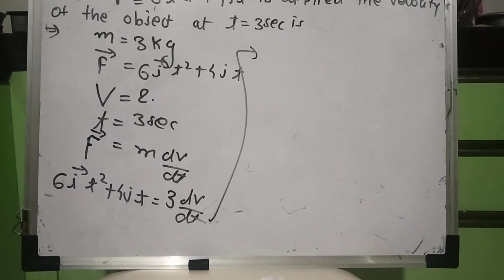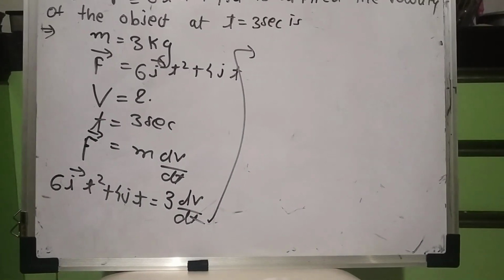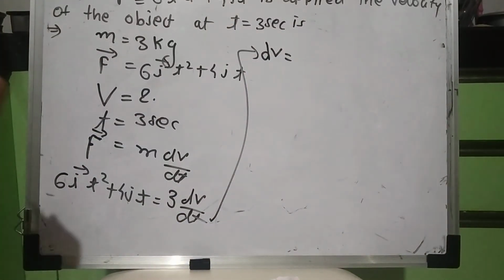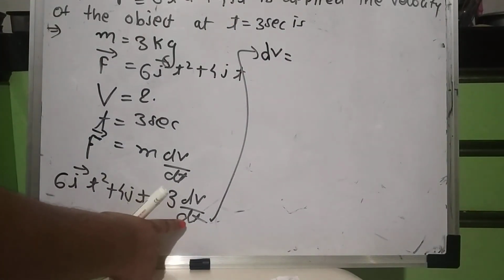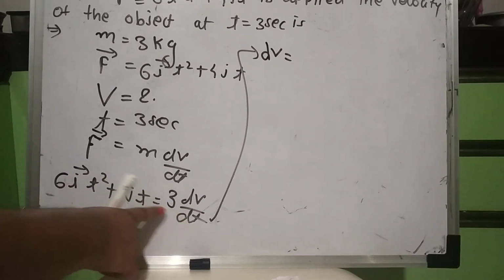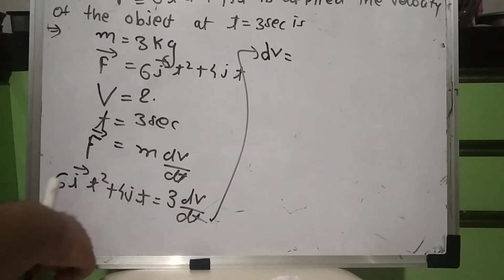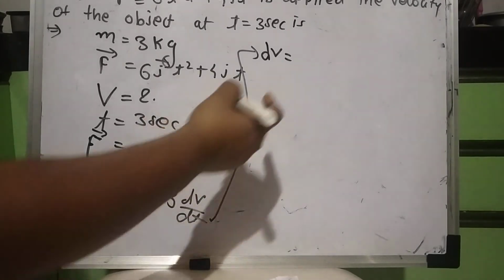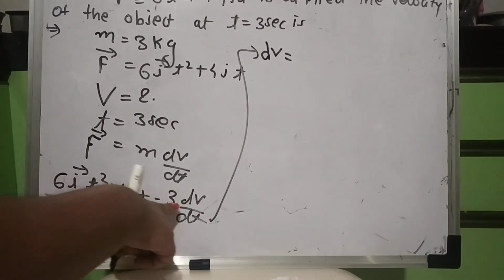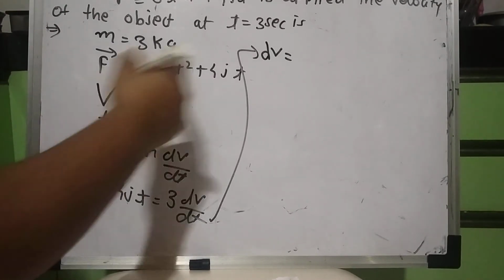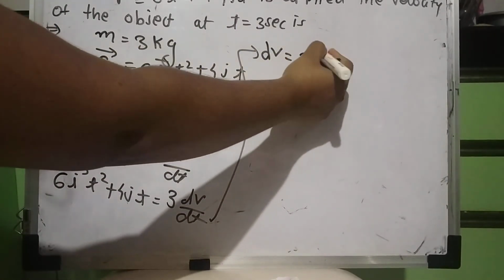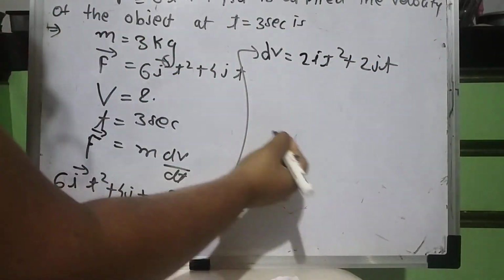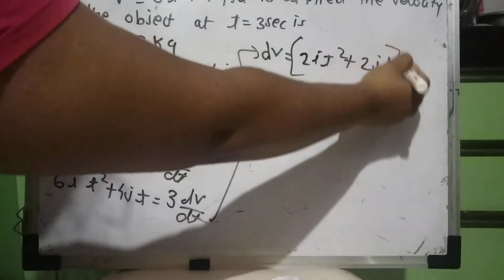Next we have to calculate what? Velocity. Therefore dv is equal to this times dt, where 3 is dividing this equation. If we divide by the 3, that means 2i t square plus 2j t, into dt.